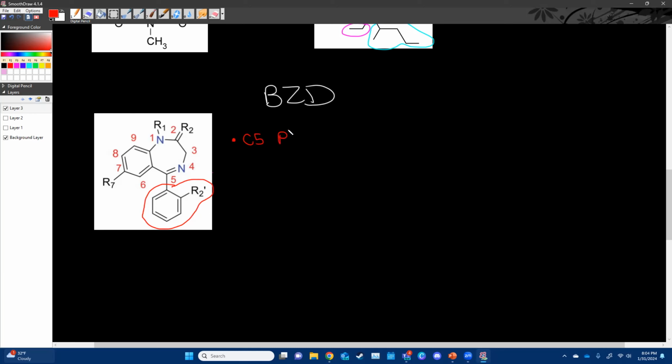So our C5 phenyl group. And then the other major component is that on carbon 7, we have an electron withdrawing group. Most of the time, this is going to be chlorine.